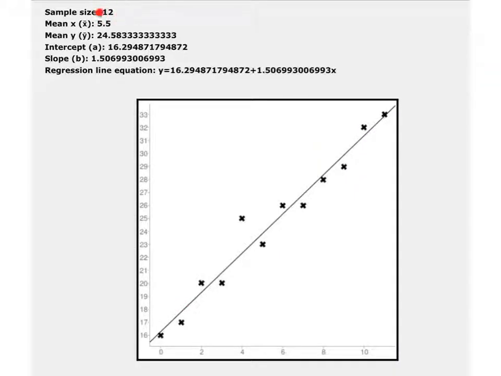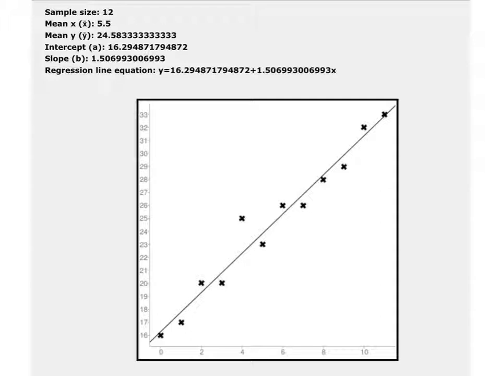The sample size refers to how many ordered pairs you entered into the calculator or computer. The mean x means the average of the input values, and that was 5.5 because we went from 0 up to 11 by ones.